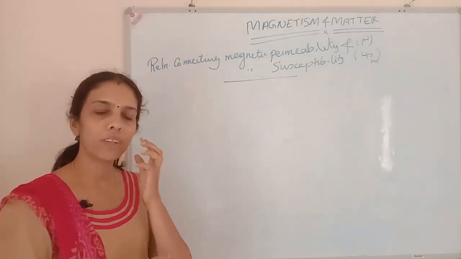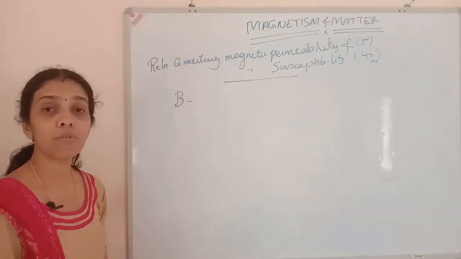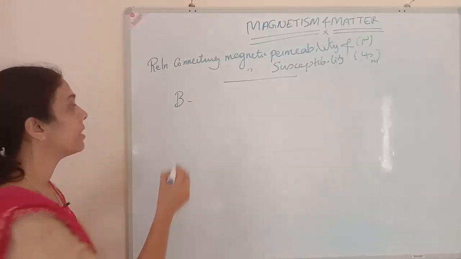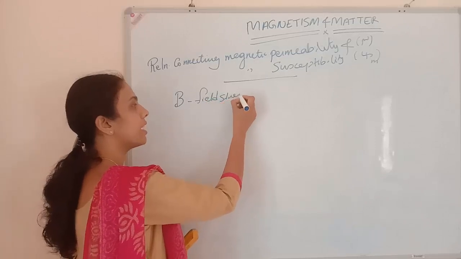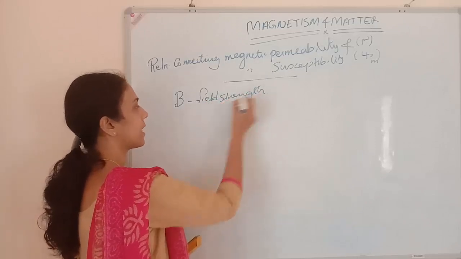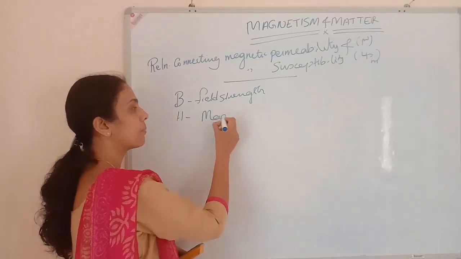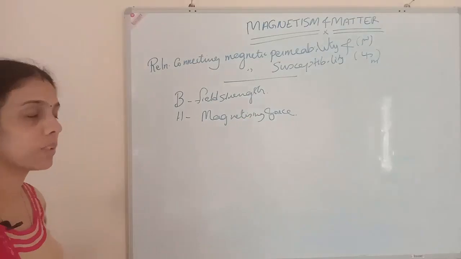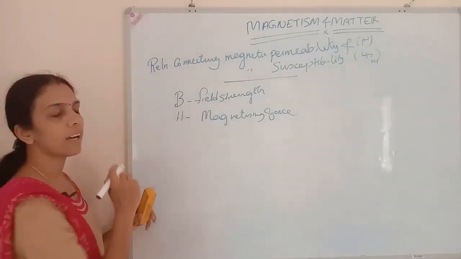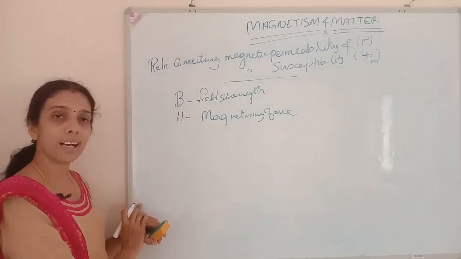So first one we learned about B, magnetic field strength. Then H, magnetizing force. These two are the major terms which we learned in the last class, isn't it?